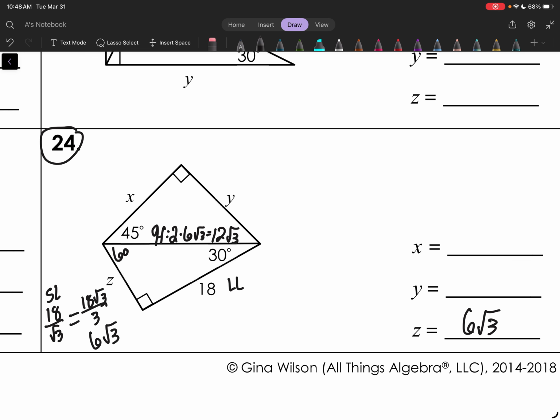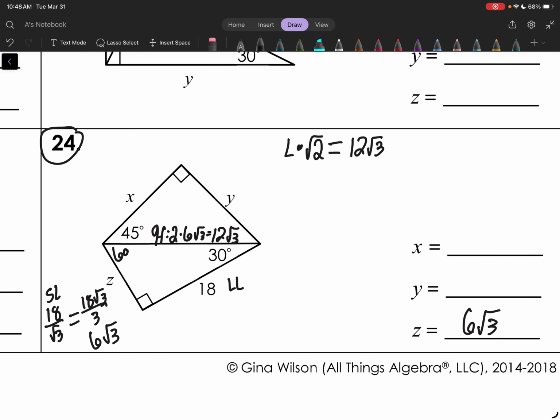The top triangle is a 45, 45, 90. For the hypotenuse, I know it's going to be equal to my leg times the square root of 2. I've done that twice now. 12 square root 3 is the hypotenuse.